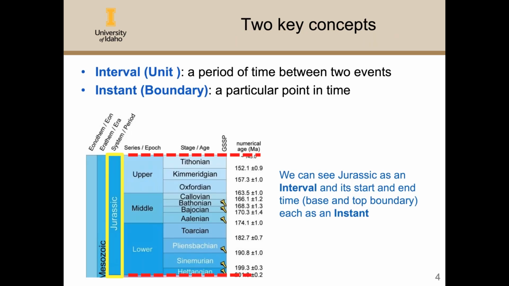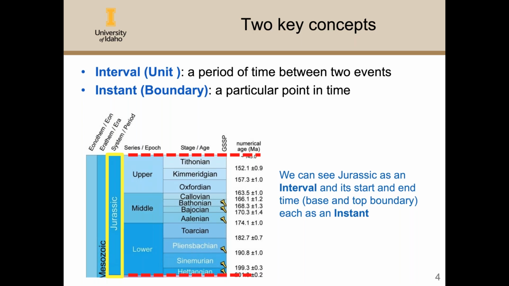Here I will give a little bit more detail about those two top classes in time and also in geological time: interval and instant. For interval, in geological time we can understand it as a unit, a period of time. And the instant, we can understand in geological time as a boundary, in other words a particular point in time. If you look at the screenshot in the bottom left part of the slide, it is just part of the geological time scale.